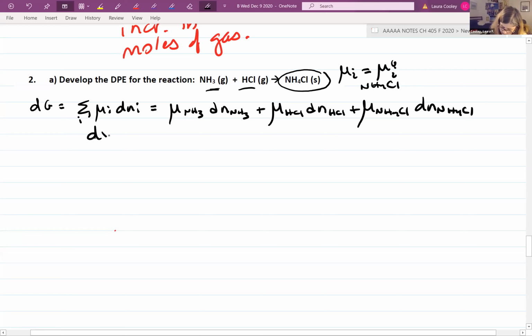And here we have a very nice extent of reaction because all the coefficients are 1.